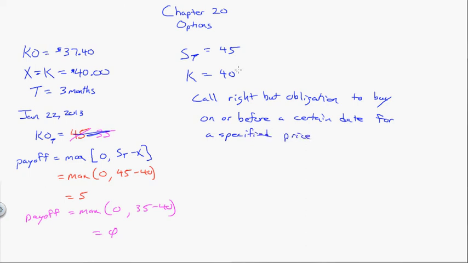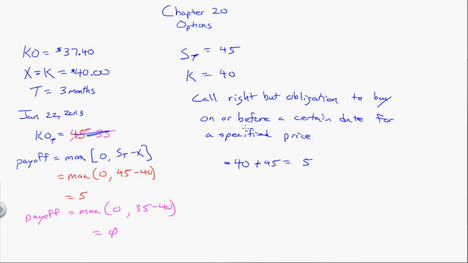That price is the strike price of 40. So if Coke is selling for 45 on January 22nd, 2013, and I bought the call option from you, I would have the right to go to you and say, here's $40, give me a share of Coke. So I give you $40 and I have a share of Coke, and I turn around and sell that in the open market for $45 and make a profit of $5.